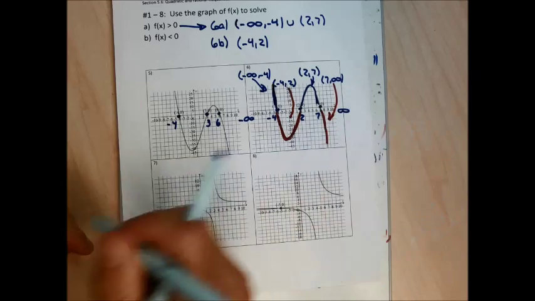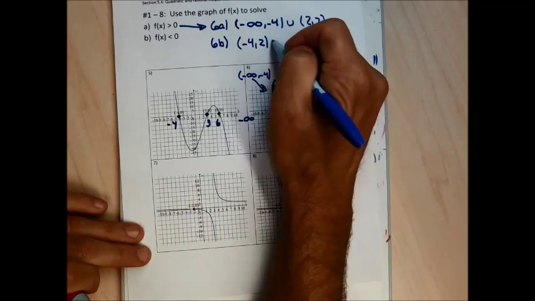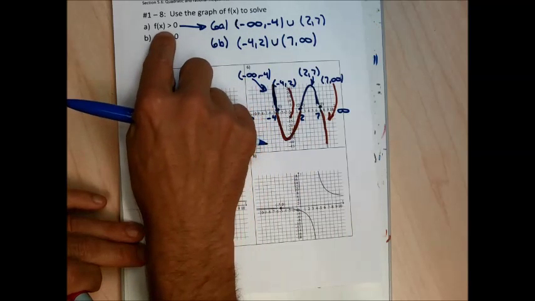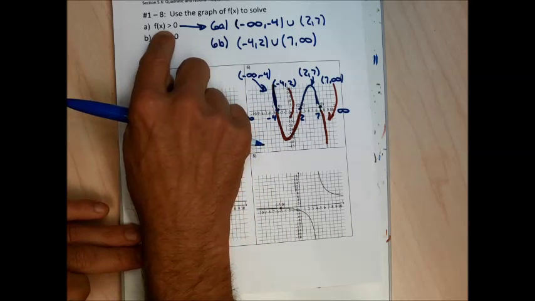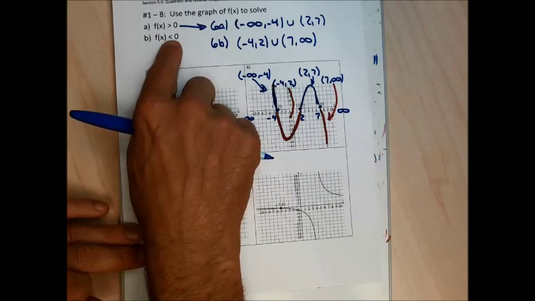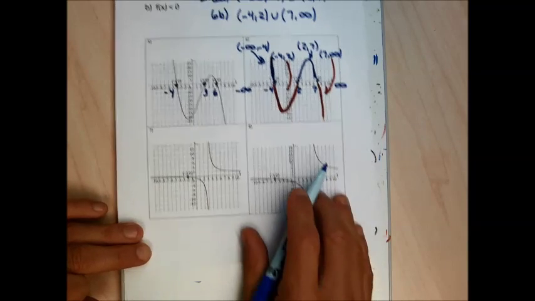So that 7 to infinity is going to go in the answer to part B. Part A is looking for where the y's are positive, or equivalently where the graph is above the x-axis. Part B is looking for where the y's are negative, or equivalently where the graph is beneath the x-axis.